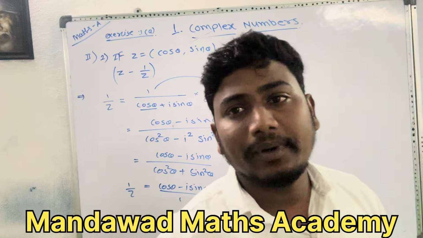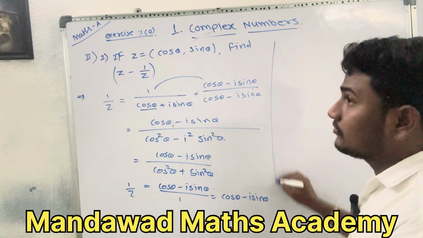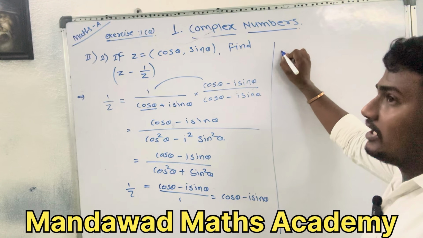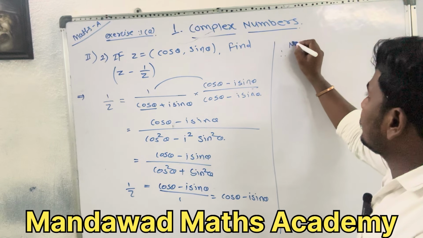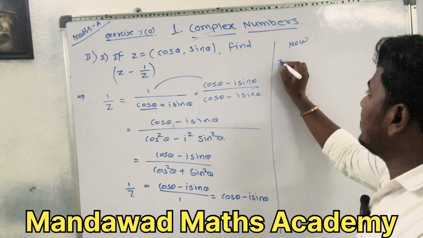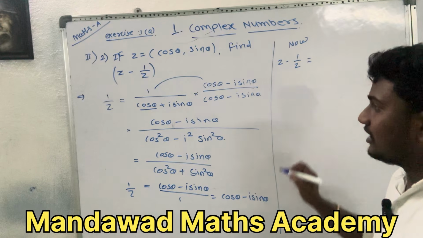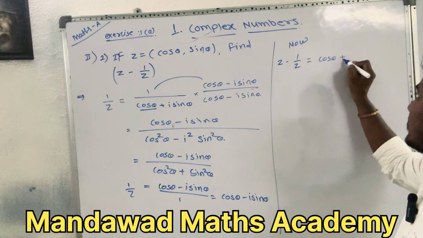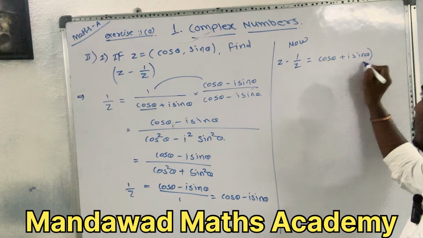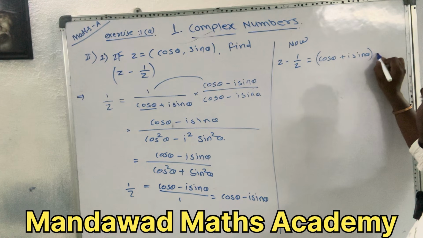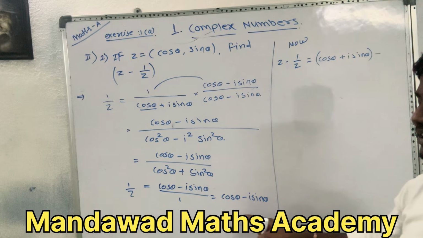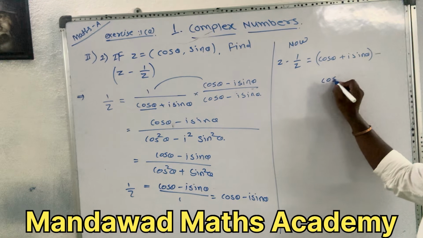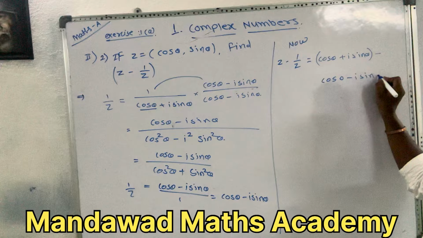So you can substitute 1 by Z in the given expression. Now we can find Z minus 1 by Z. What is Z? Z is cos theta plus i sin theta, minus 1 by Z, which is cos theta minus i sin theta.